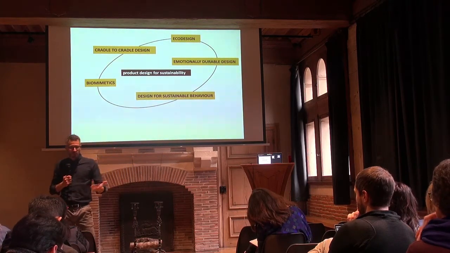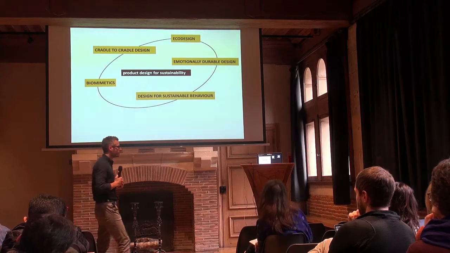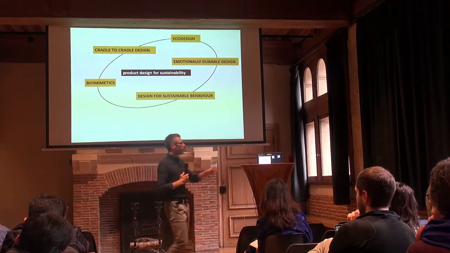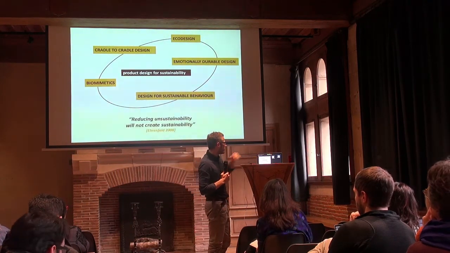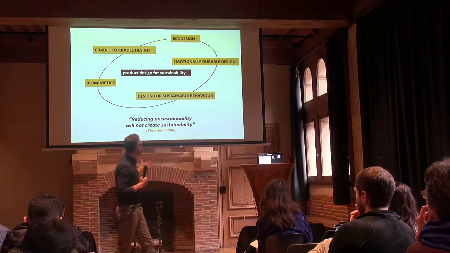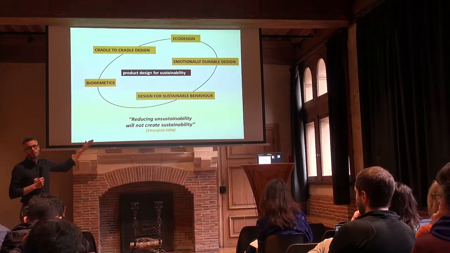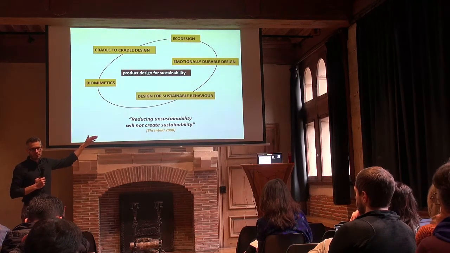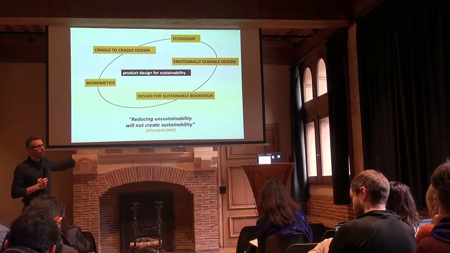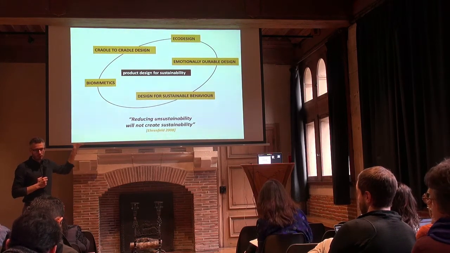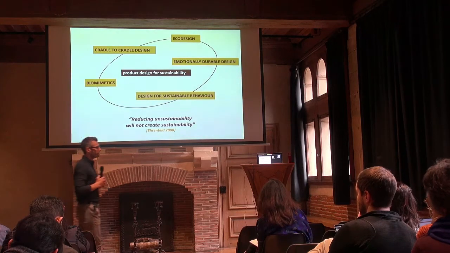So something that we discussed also with Alex in the previous presentation. As Ehrenfeld said, reducing unsustainability will not create sustainability. So working only at the product level, of course it's fundamental, it's necessary, we have to do that, it's a must, but it's not enough in order to move towards a sustainable society.